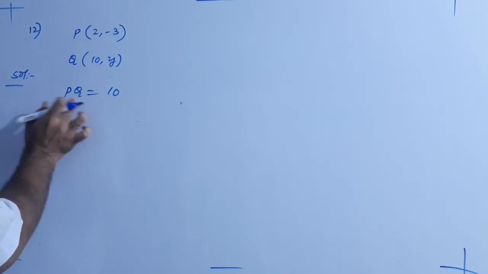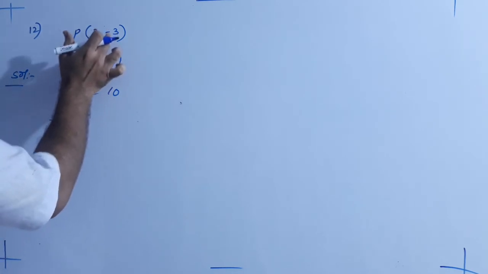Now how to find the distance between P and Q? Distance formula equals root of (x2 minus x1) whole square plus (y2 minus y1) whole square.